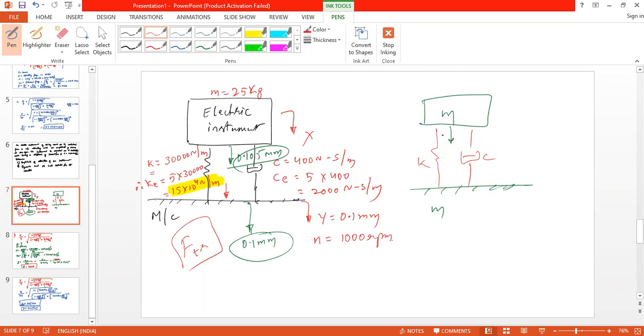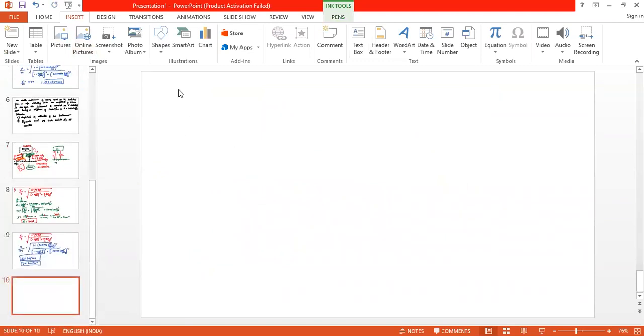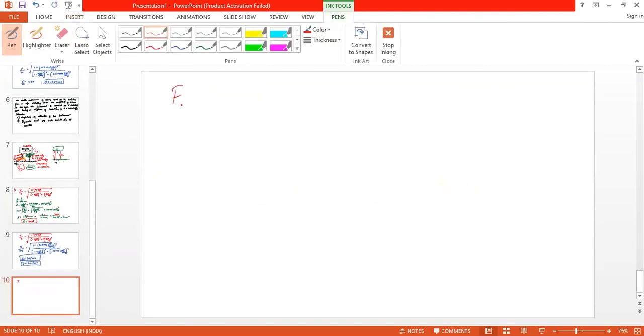This isolator will apply the load on the mass and the support, which is equal. So we need to know the amount of force being transferred.